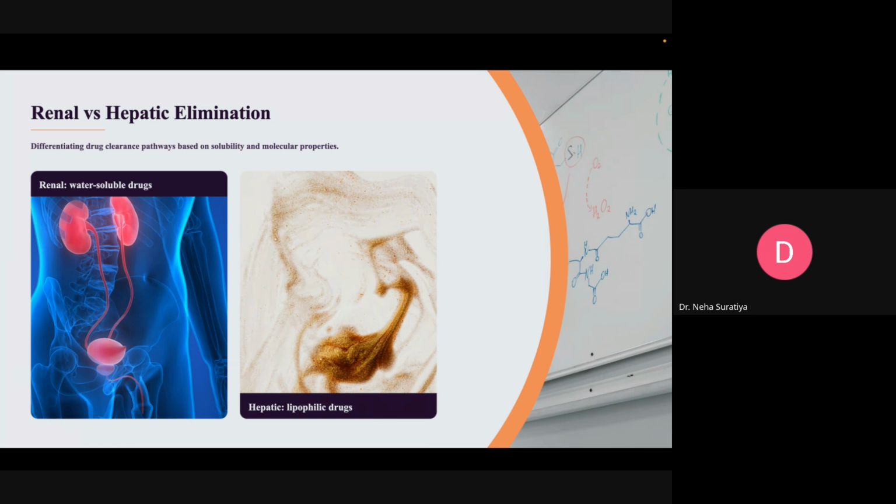So how do you calculate further in this, right? Always ask which organ is primarily responsible, whether it is a water soluble drug or a lipophilic drug, what is the drug category. Then you will have an idea whether the hepatic or the renal route is involved.